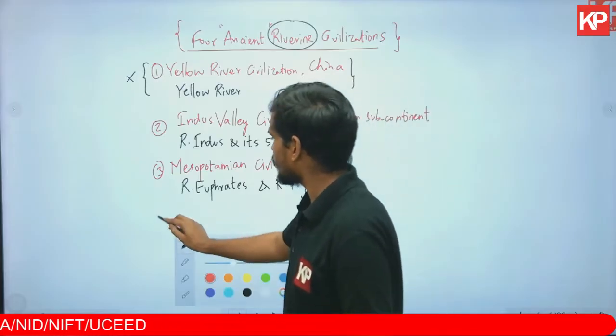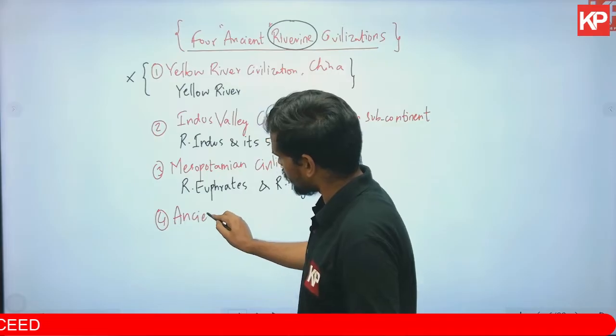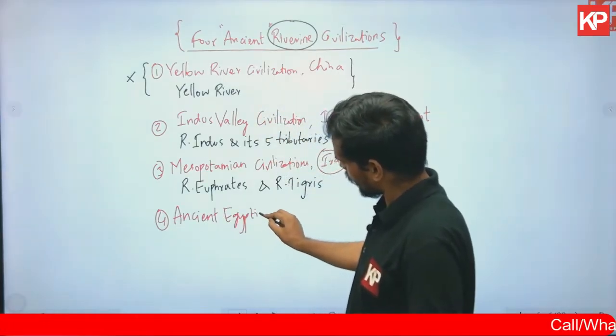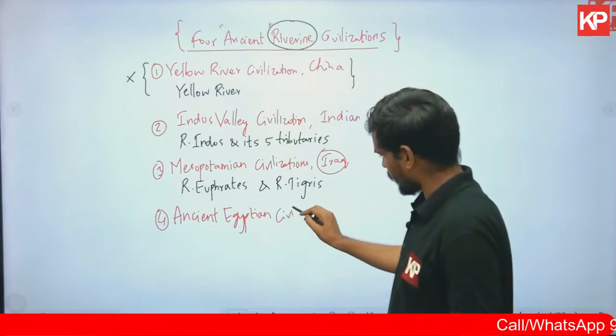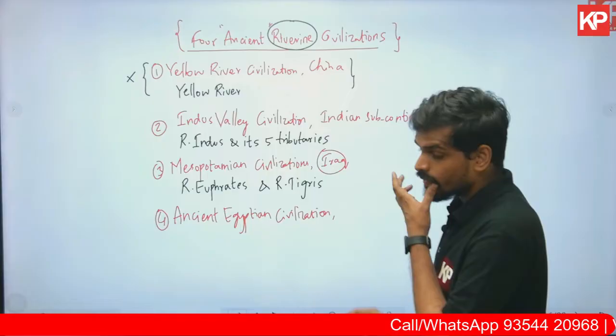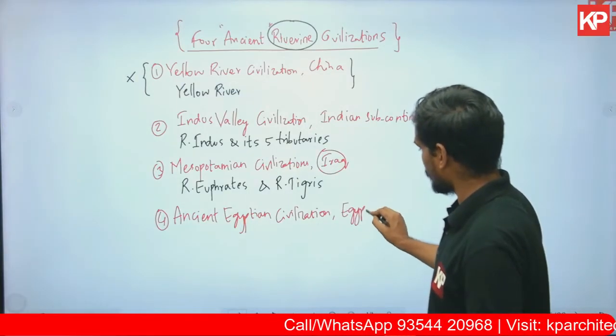Fourth and final river valley civilization is ancient Egyptian civilization, which is in the northeastern part of Africa, that is in the country of Egypt in today's time.